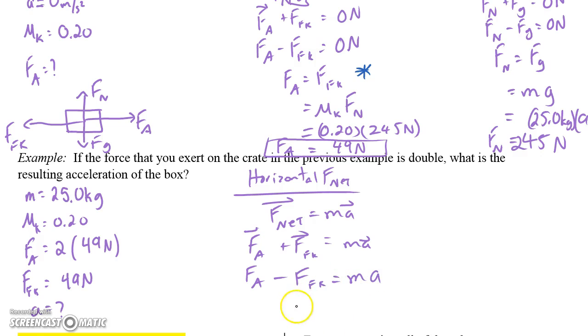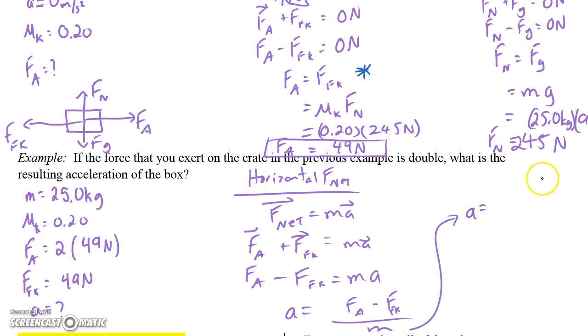And what we're going to see is an equation for A is equal to FA minus the force of friction, kinetic, all divided by the mass. So we can plug our numbers in.